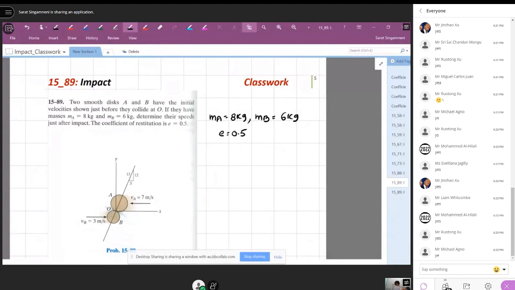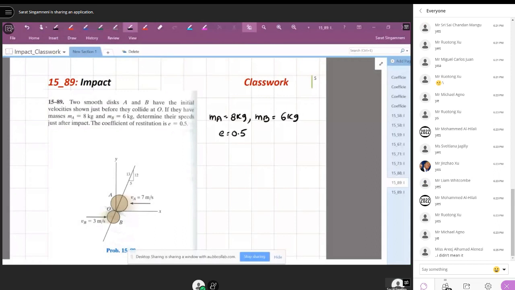And the collision is actually taking place on this axis. When they finally come and collide, that is the line of centers where the centers are joined. So when they are meeting at that instant in time, this is the line joining the centers.